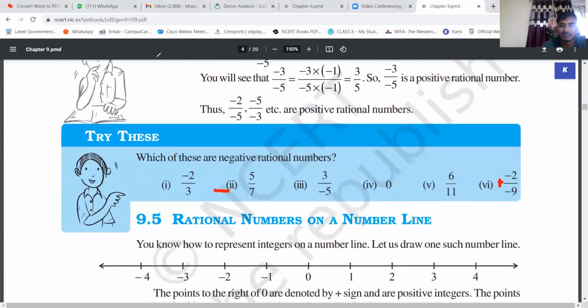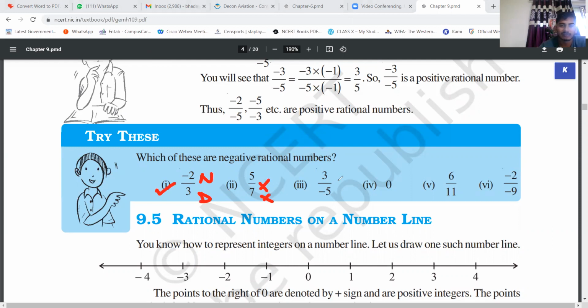Which of these are negative rational numbers? A negative rational number means that either term, whether positive or negative, if the numerator or denominator is negative, then it is a negative rational number. So this numerator is negative, denominator is positive. One negative number is there, therefore it is a negative rational number. If no negative sign is there, it is not a negative rational number.